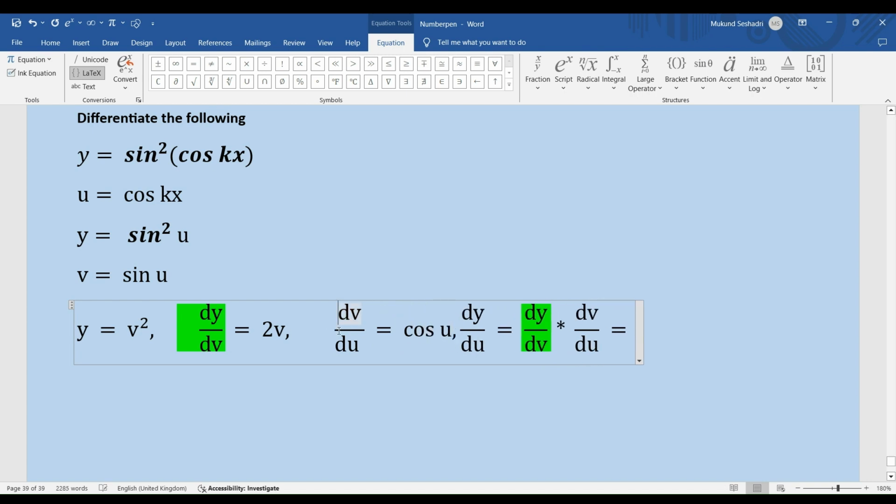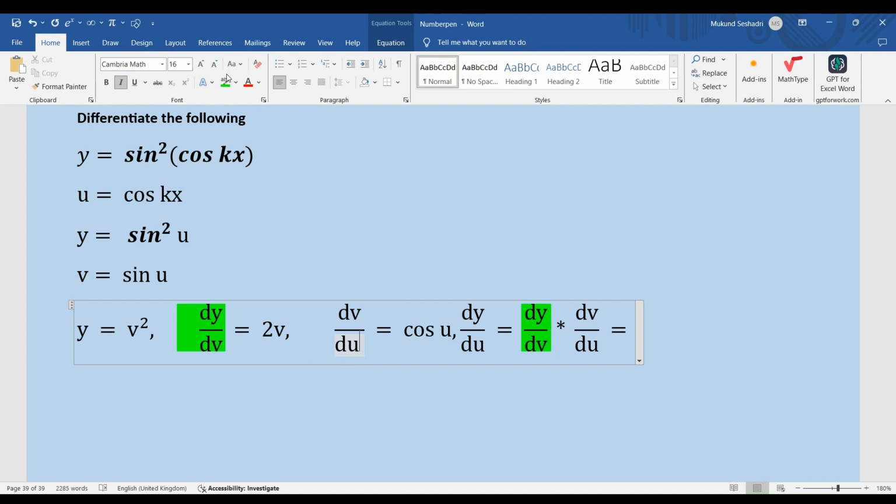So there I have my dy by dv and my dv by du, and I'm going to color this yellow. Then I will have to figure out what is my dy by du. So my dy by du is nothing but dy by dv into dv by du, which is 2v times cos of u. So now I have an expression in terms of v and u.